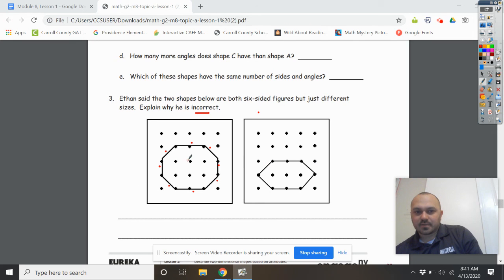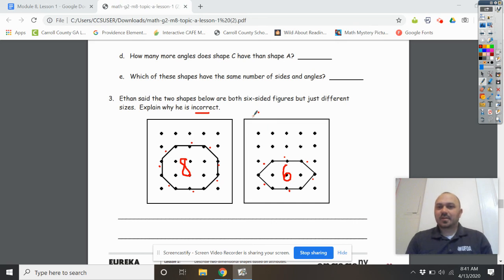And here we have 6. Where was Ethan incorrect? Ethan said that both were 6-sided, but the real correct answer is that one shape has 8 sides and the other shape has 6 sides.